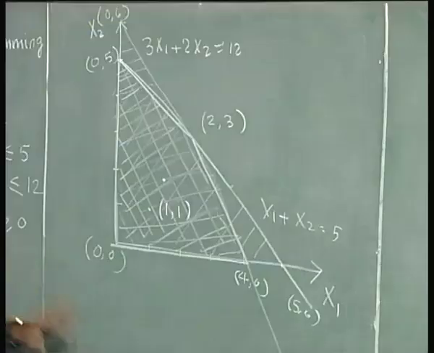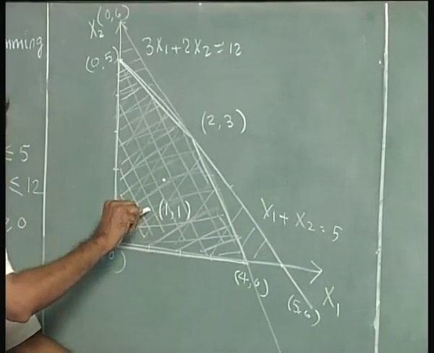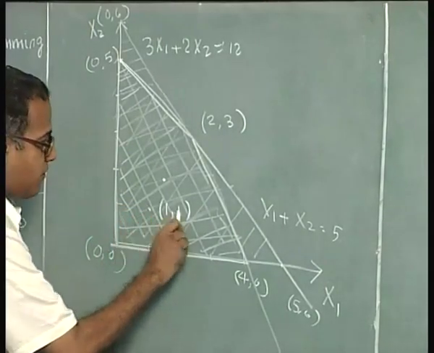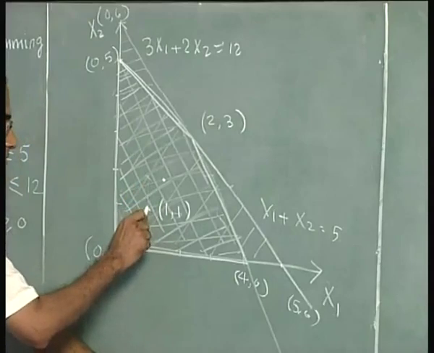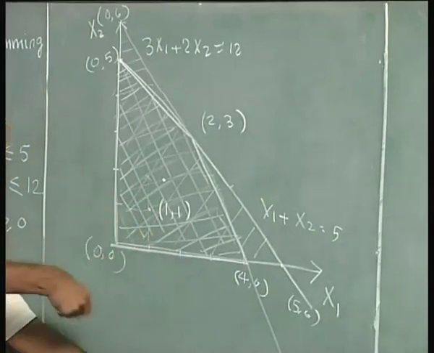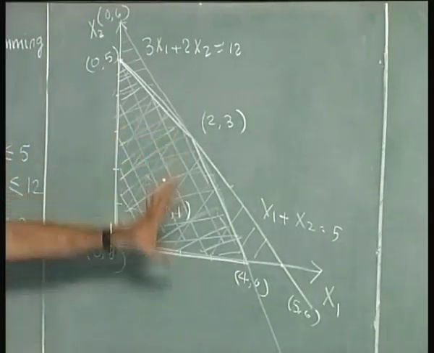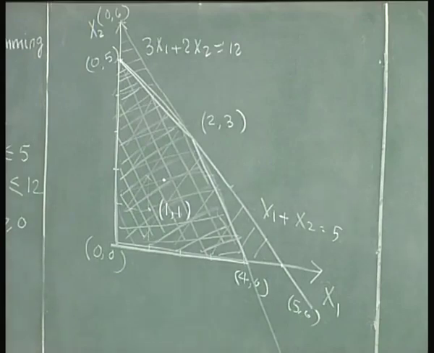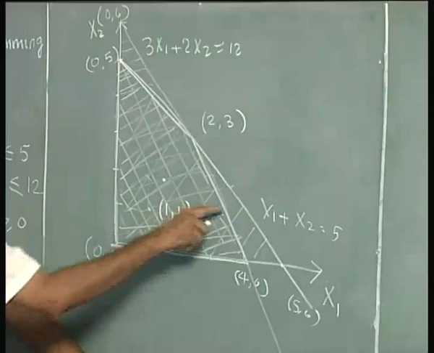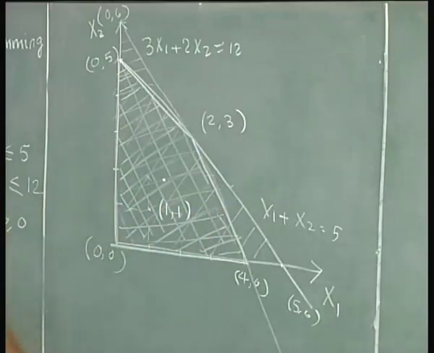So, what we can easily do is, if we are considering a point 1, 1 here, you could always move either in the right or in the upward direction or left or downward direction and start moving and trying to see if there are better points than the point that we have chosen. So, if we take 1, 1, because both these coefficients are positive, it is possible either to move in the right hand side direction or in the upward direction to get points which are better than 1, 1 with respect to the objective function 6x1 plus 5x2.